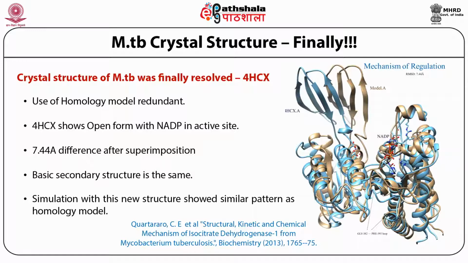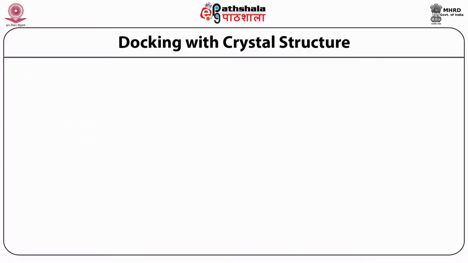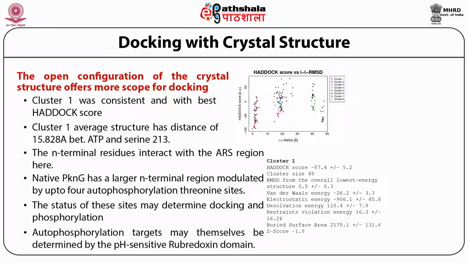Now, instead of taking the old model structure, we picked up the crystal structure and used the same technique with Haddock that I showed earlier. Now we got a cluster of interacting structures with quite a high Haddock score, and their RMSD is very low, almost zero.